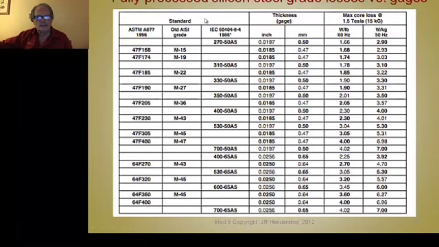Here's another list of core losses. Here we are at 15 kilogauss, 50 hertz and 60 hertz. All 3 gauges are listed here for most of these. Here the new IEC part numbers for these steels are listed.